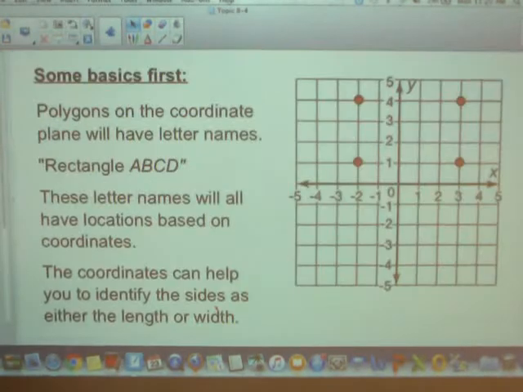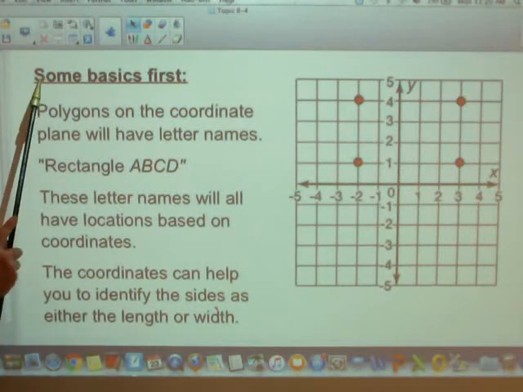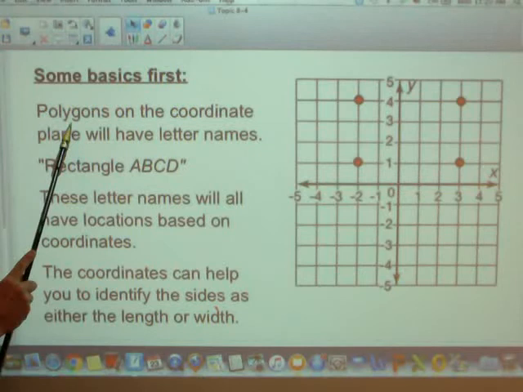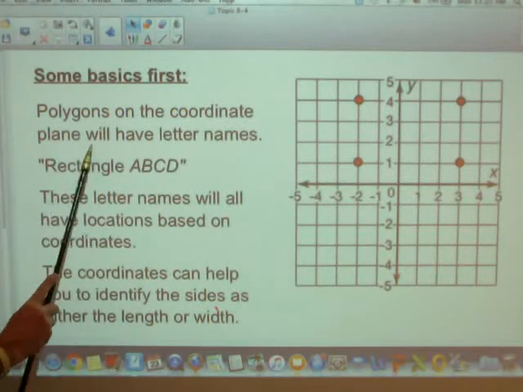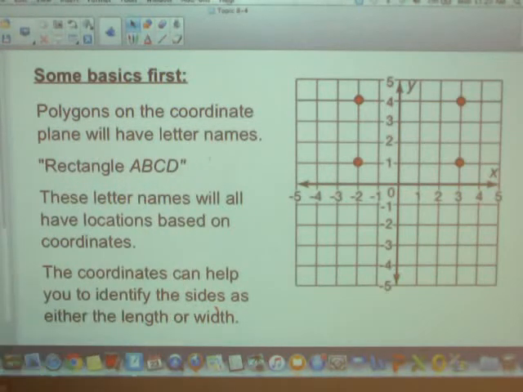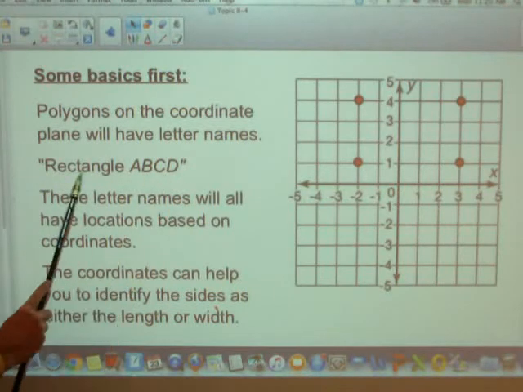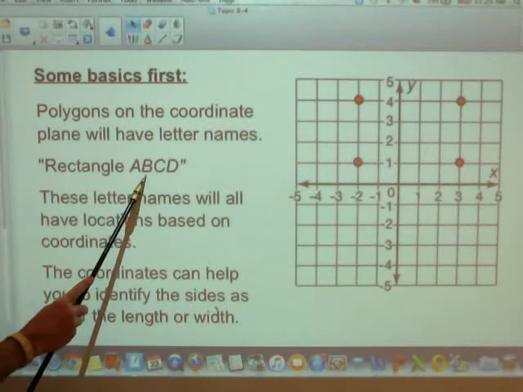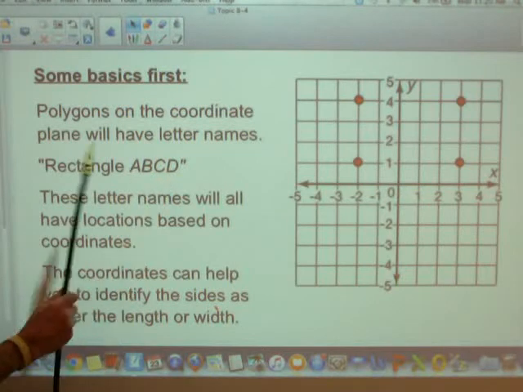Now, before we start talking about the polygons on the coordinate plane and going over what's in the book, I want to give you some basic background information to start off with. Polygons on the coordinate plane will have letter names. These letter names would be an example like this: rectangle ABCD, okay?